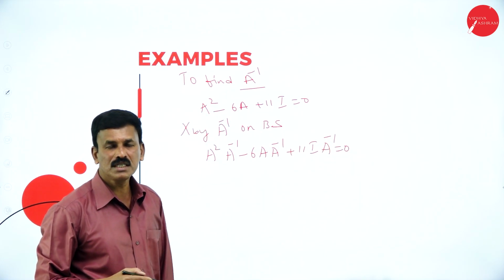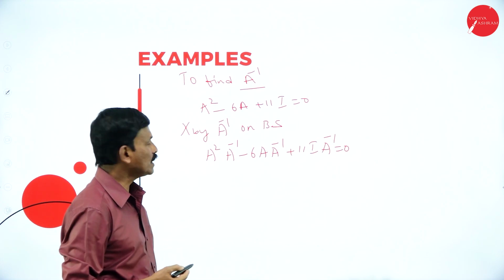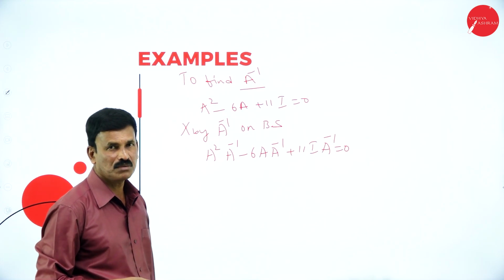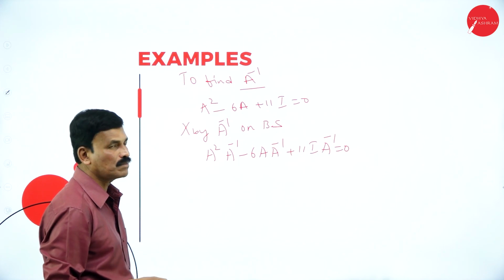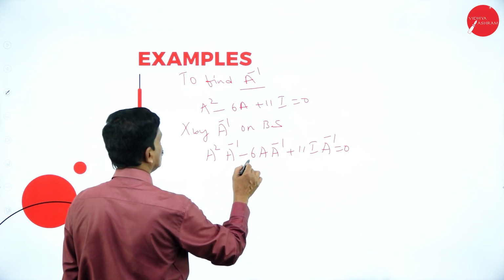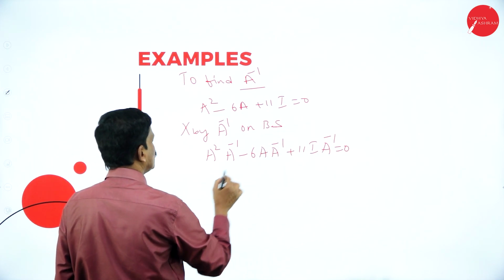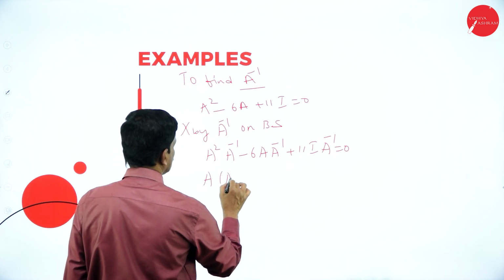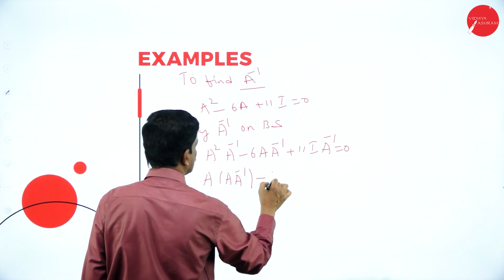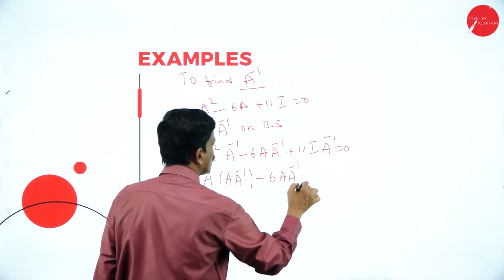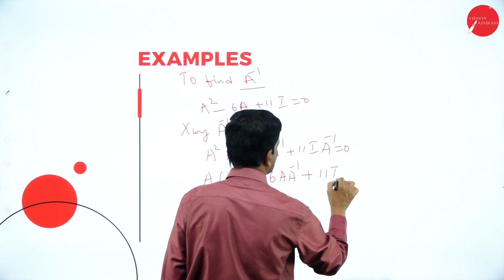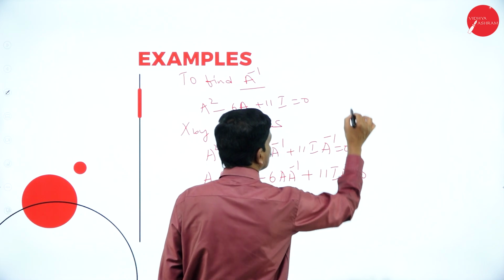A square can be written as A into A into A inverse. Don't change this as it is.